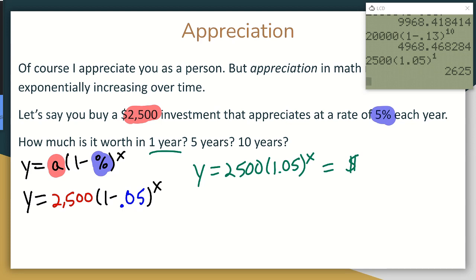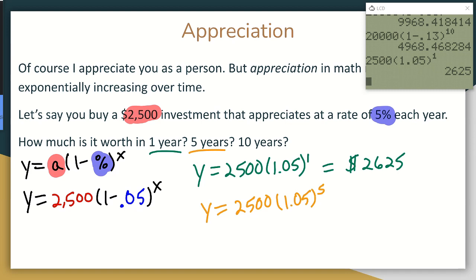So $125 of interest in 1 year. For 5 years, y equals 2,500 times 1.05. Whoops, I didn't do something. I should have changed this to a 1, not an x. Sorry about that.